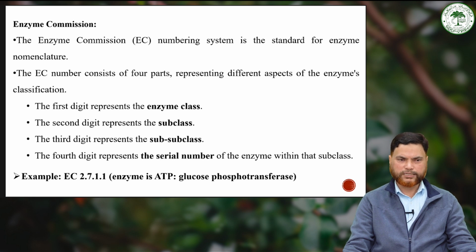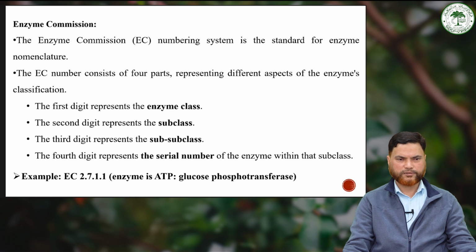The first digit represents the enzyme class, the second digit represents the subclass, the third digit represents the sub-subclass, and the 4th digit represents the number within the sub-subclass, which specifies the actual substrate of the enzyme, distinguishing it from other enzymes catalyzing similar reactions.